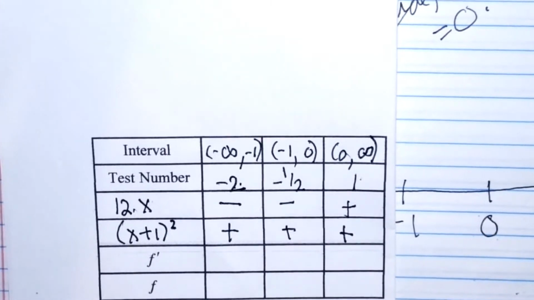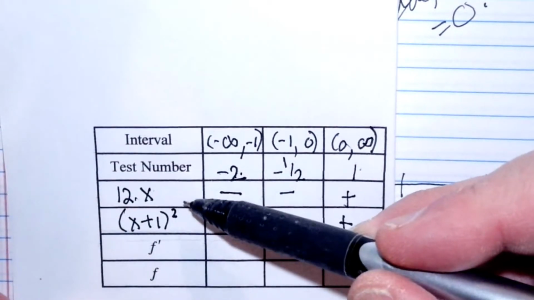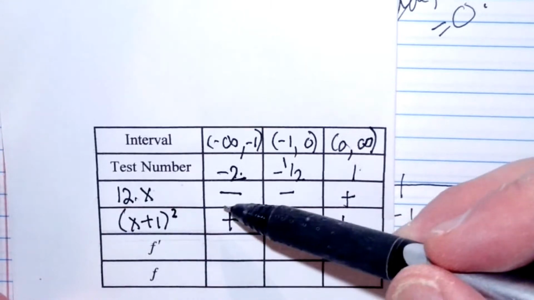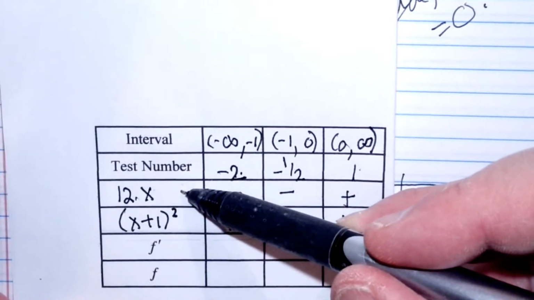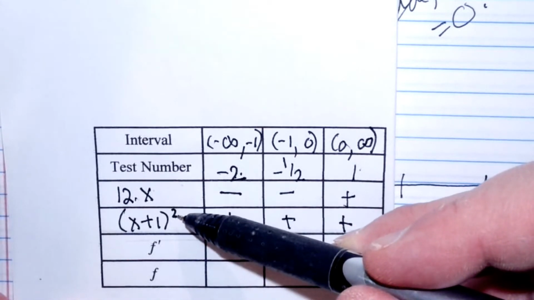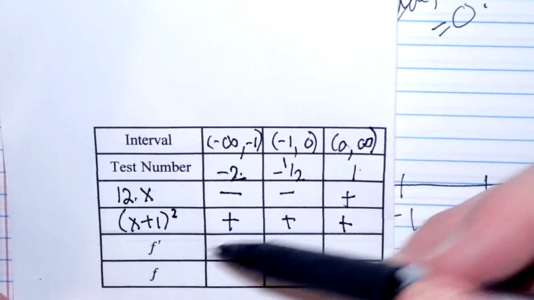Alright, so now what I need to do is figure out what this information tells me about the derivative. Remember that the derivative was equal to 12x times the square of x plus 1. So what we've got on the third row and what we've got on the fourth row multiply together to get the derivative.